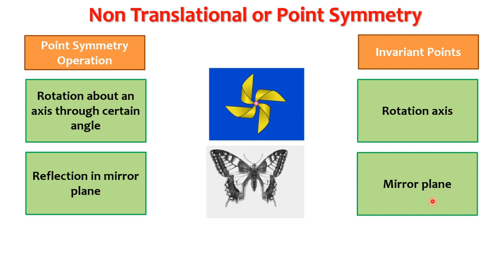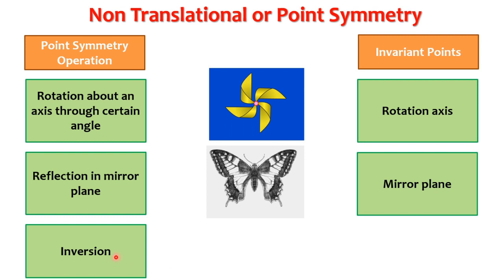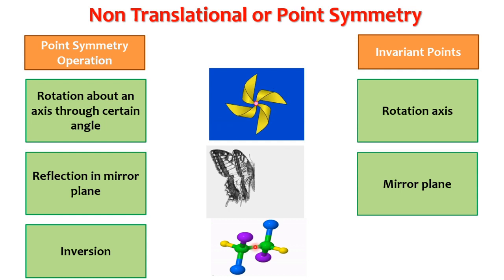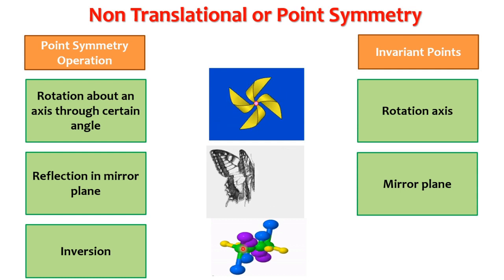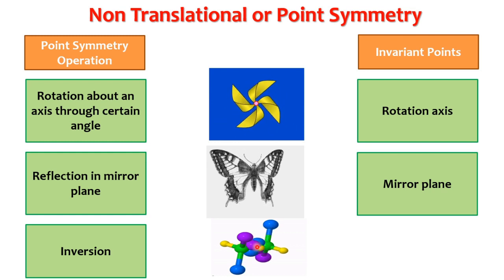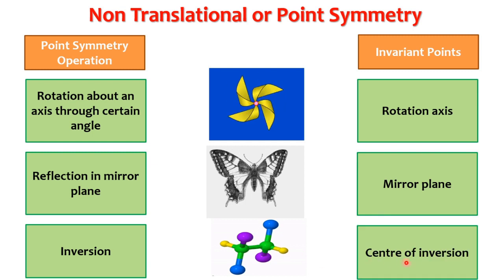One more point symmetry we have is inversion. In this case, we have a center of inversion. Our lattice will be placed at a distance x from this inversion center. All the lattice points will get imaged on the other side of the center of inversion by exactly equal distance. But the points which are present at the inversion center will remain invariant.